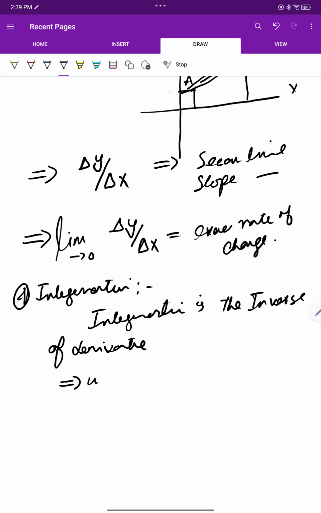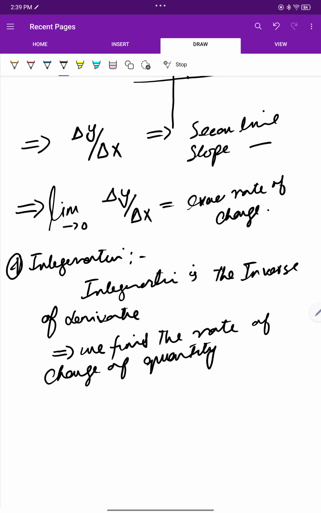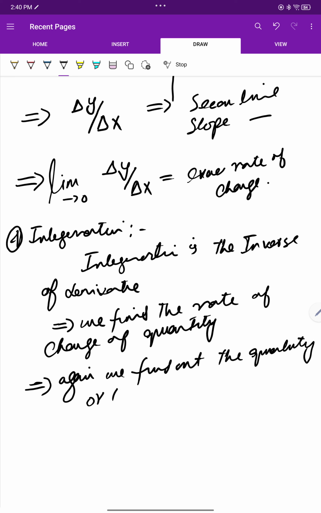In derivative, we find the rate of change of a quantity, in motion or space or these things, and in integration again we find the quantity or the area under a curve.